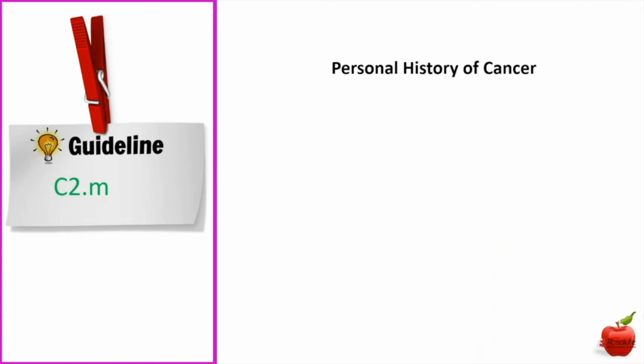Personal history of cancer, the guideline C2.M. It says that when a primary malignancy has been previously excised or eradicated from its site, there is no further treatment directed to that site, and there is no evidence of any existing primary malignancy at that site, a code from category Z85, personal history of malignant neoplasm, should be used to indicate the former site of malignancy.